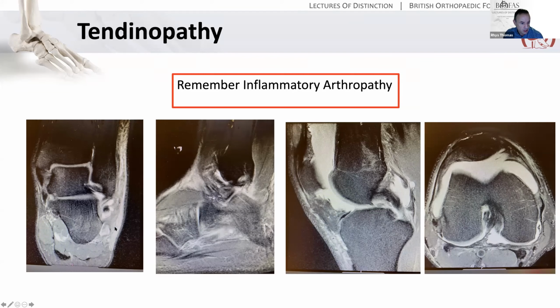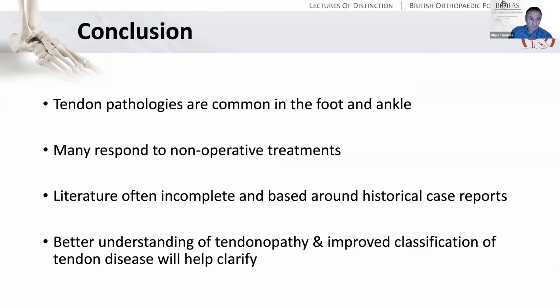You can see that his sheath is completely empty, lots of fluid around his brevis tendon as well, complete rupture of his longus tendon, and he also presented at the same time with a significant effusion in the knee, which was uncommon for a professional footballer, wasn't associated with any significant underlying pathology, and he turned out to have a psoriatic arthropathy, and that was his first presentation.